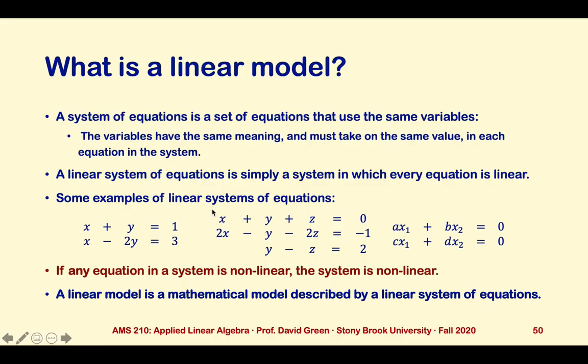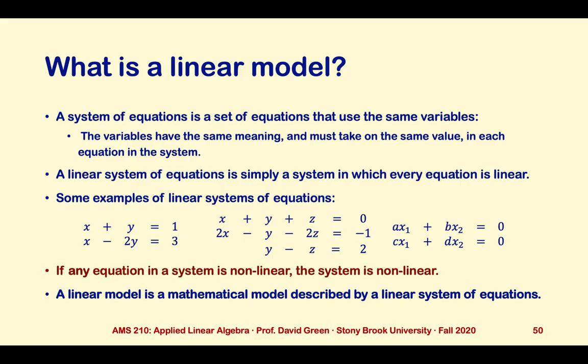Okay, we've discussed linear terms, linear equations. We are now going to move on to systems of equations. A system of equations is simply a set of equations that use the same variables.